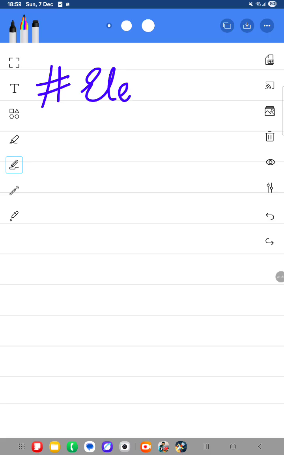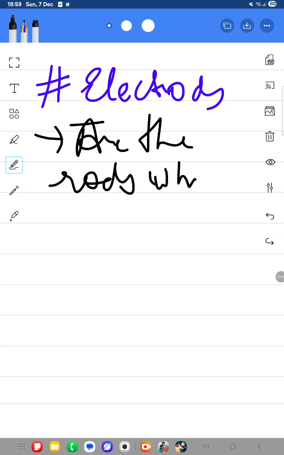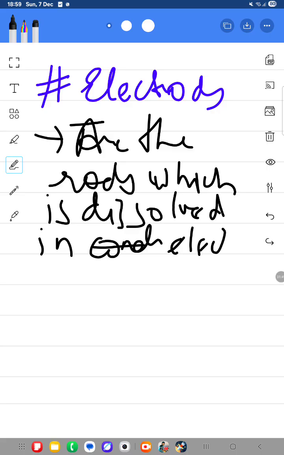Now I told you about electrodes. Electrodes are the rods which are dissolved in conductors, what we can call electrolytes.